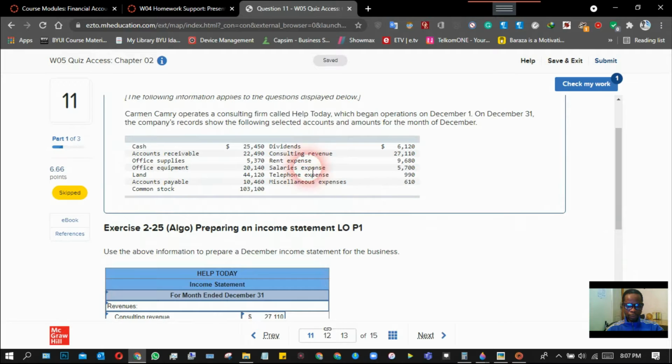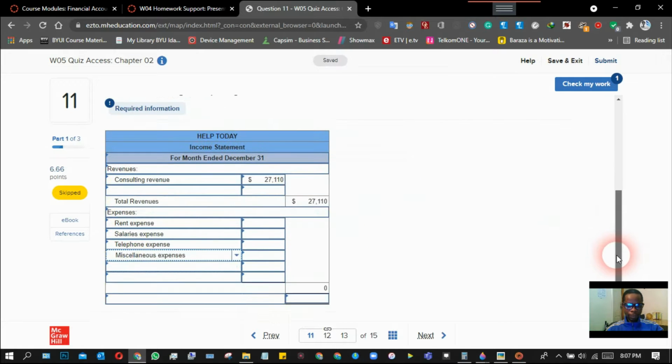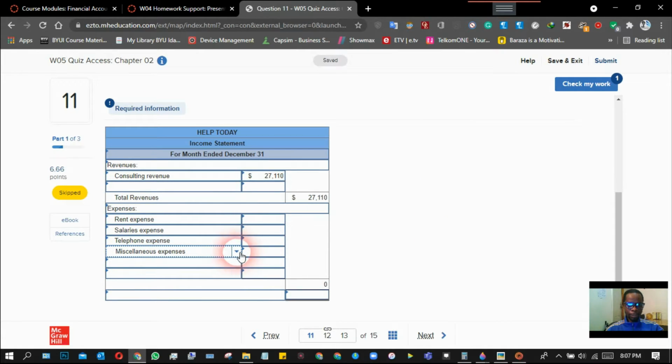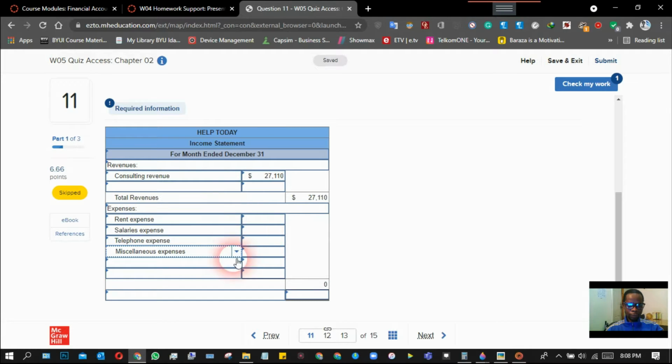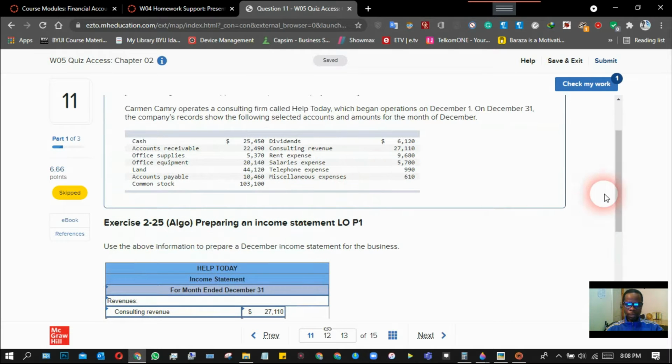So that is the information that we've been given here. Now remember, in the list we may have other expenses that are not listed, so we have to be careful to choose only the expenses given in the information.